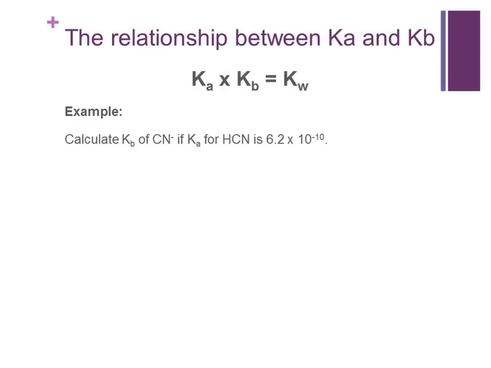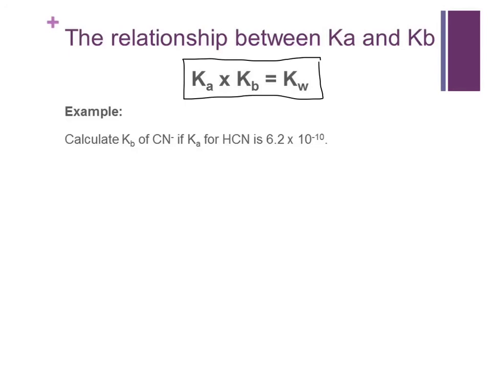The last thing we need to talk about in this video is the relationship between Ka and Kb. If we take Ka and multiply it by Kb, they equal Kw. If we are given then a Ka, we can figure out a Kb and vice versa. For example, calculate the Kb of CN minus if the Ka for HCN is 6.2 times 10 to the minus 10.